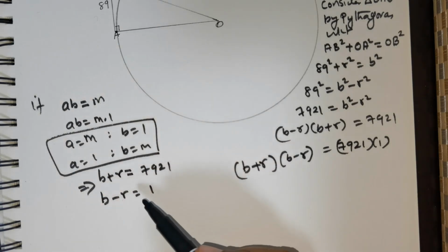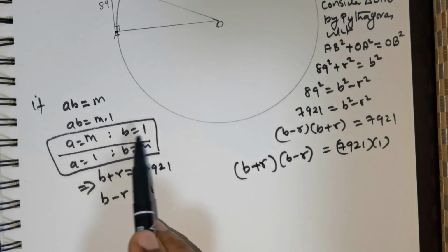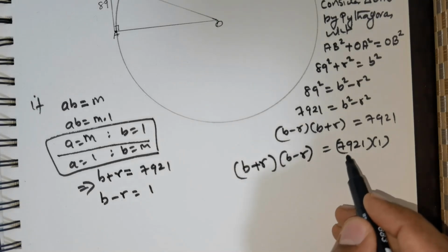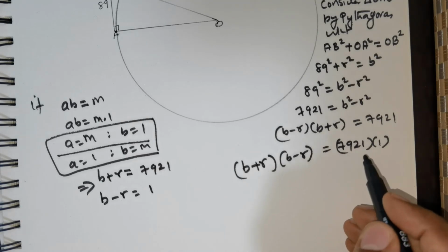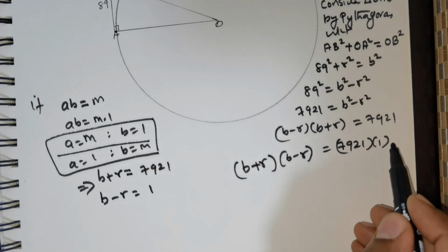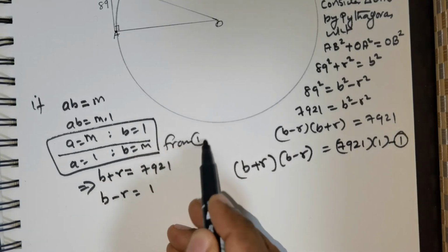So to solve, it's okay that we take one combination, that's fine. Now if you can actually rewrite 7921 as a product of two other numbers, then the combination will change. Now this is equation 1, so I can state here from 1.